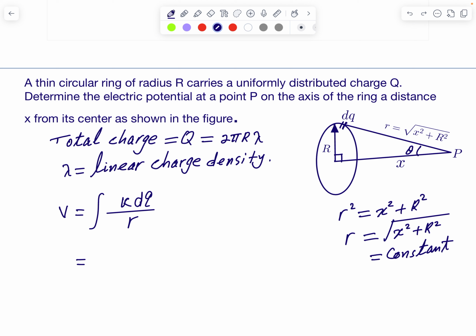So it's from 0 to the total charge, big Q. K divided by r, which is constant, goes outside, and this one is dq.